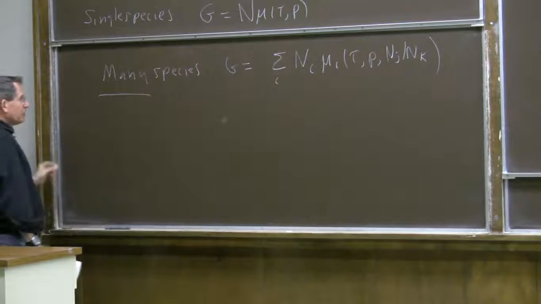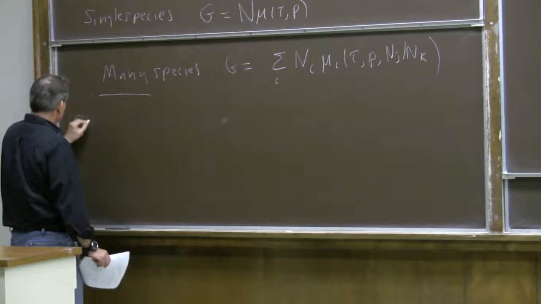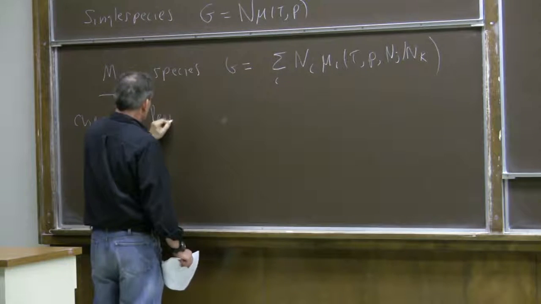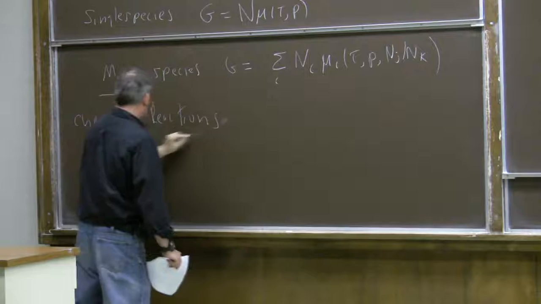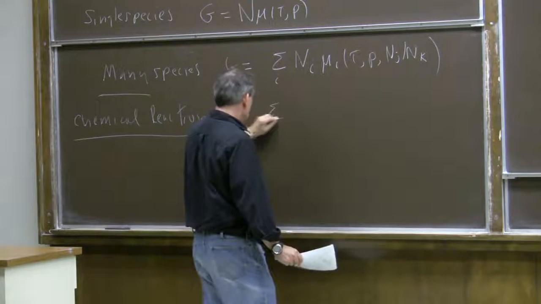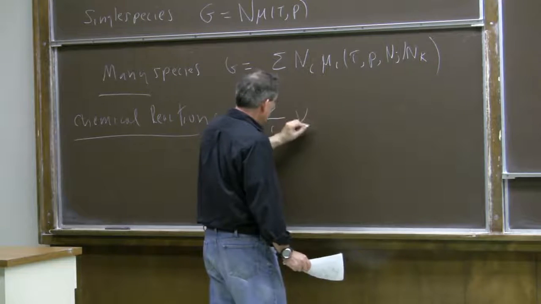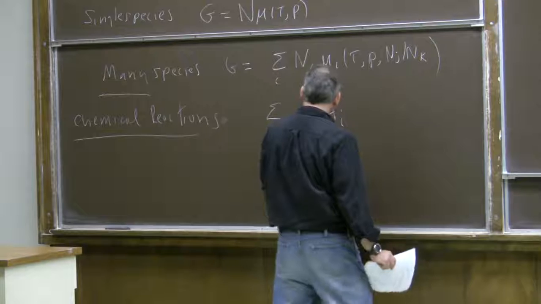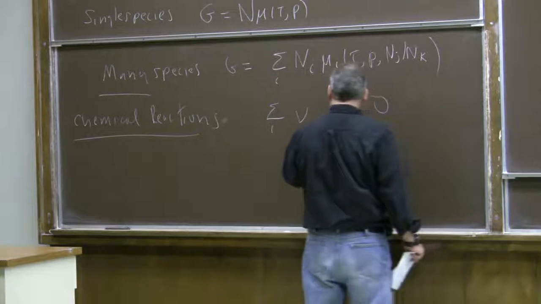We talked about chemical reactions and chemical equilibrium. We said a chemical equation can be put in the form the sum over species of some quantity nu i times the label for species i equals 0.